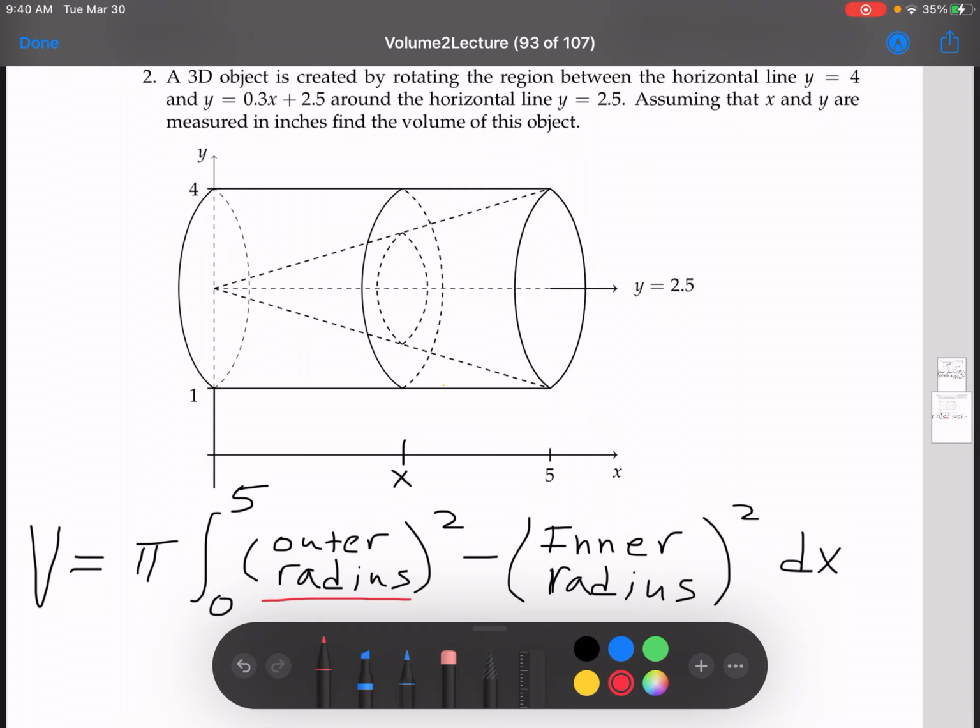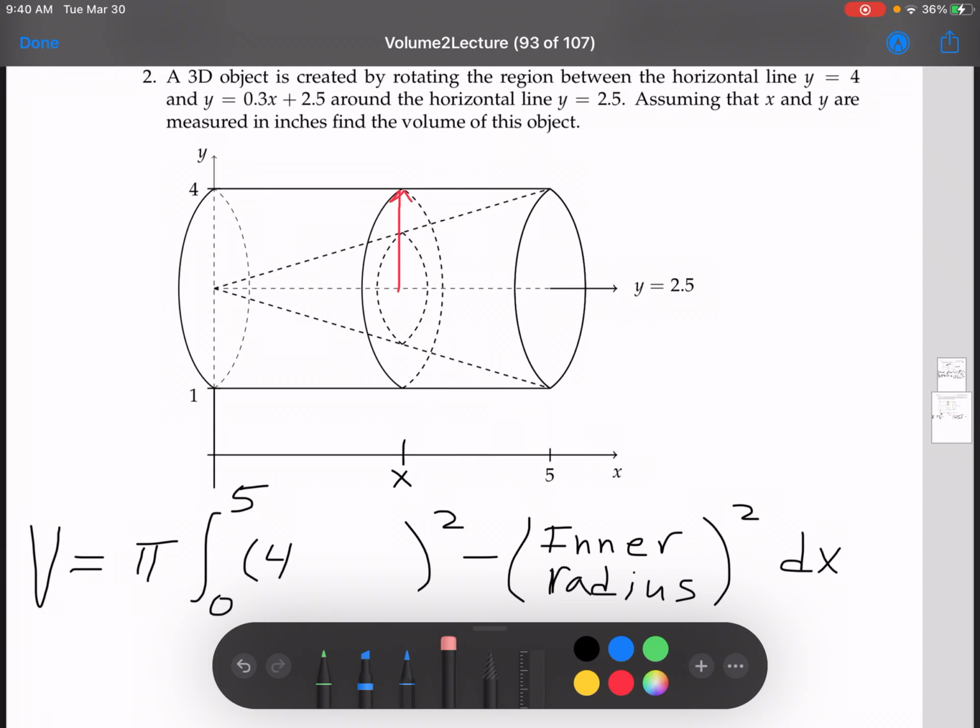This outer radius that we want is that distance there. Now, notice that it would be incorrect to say that this is 4, right? Because 4 gives us this entire distance here.